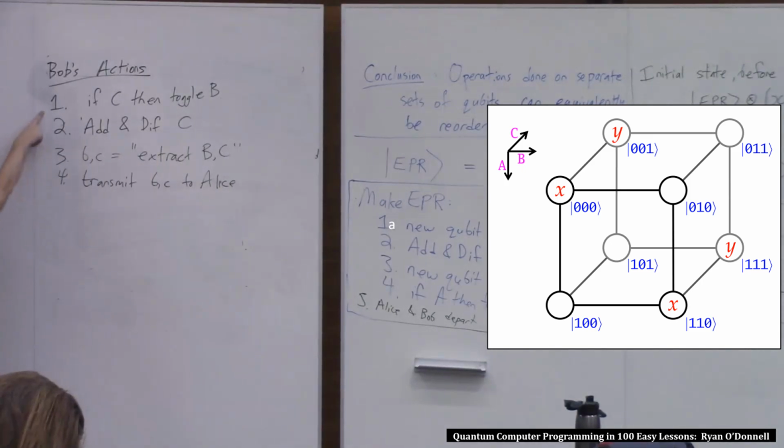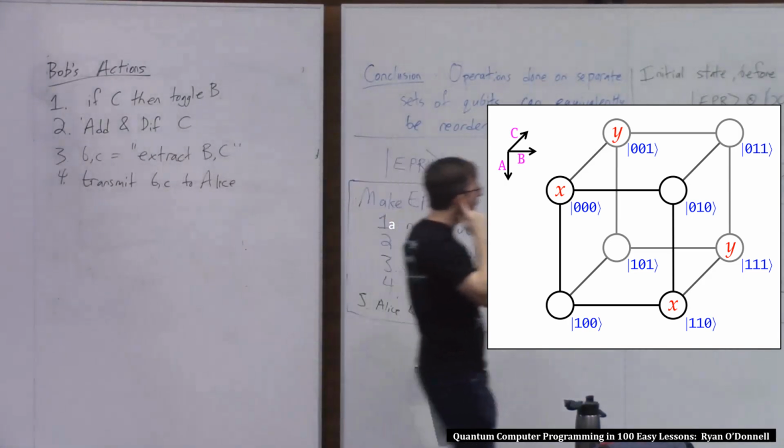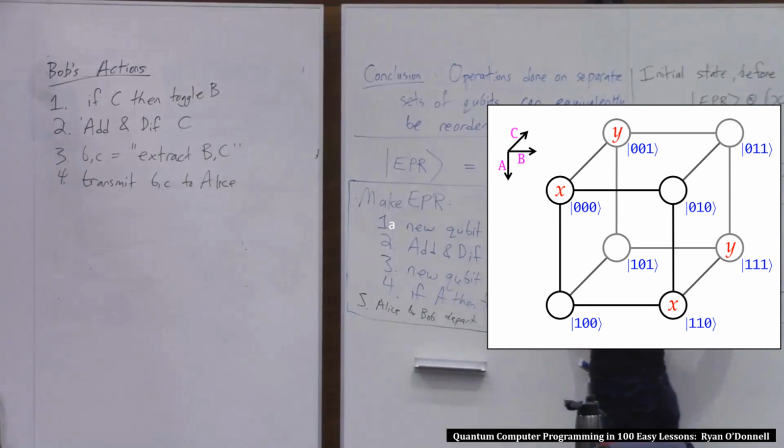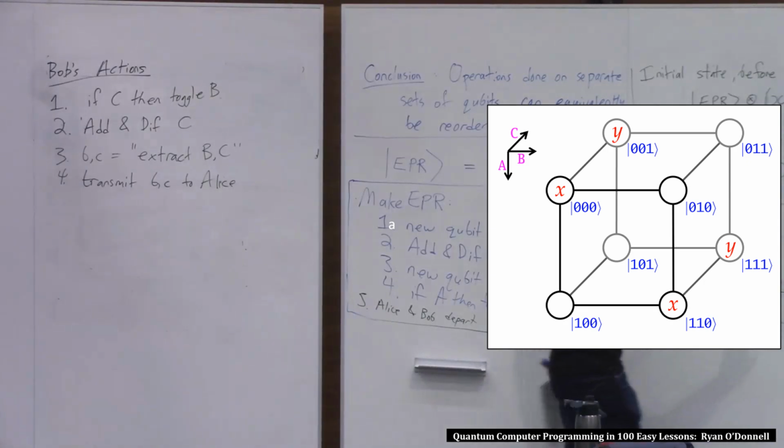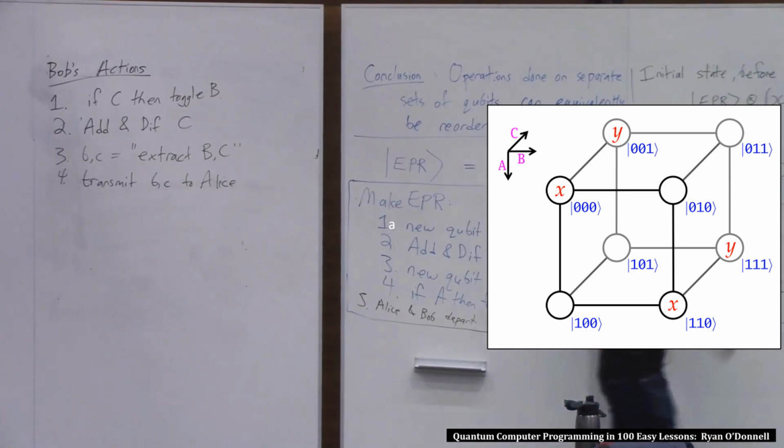Okay, so what's the first command? If C, then toggle B. So what is if C, then toggle B? It's kind of like you check C's value. You check if you're on the back face or the front face. If you're on the front face, that's where C is 0. You don't do anything. If you're on the back face, that's where C is 1. You toggle B, which is horizontal, which basically means you swap the horizontal amplitudes on the back face.